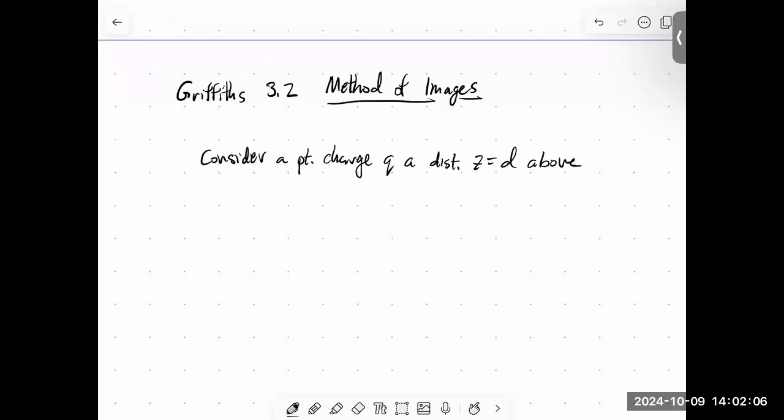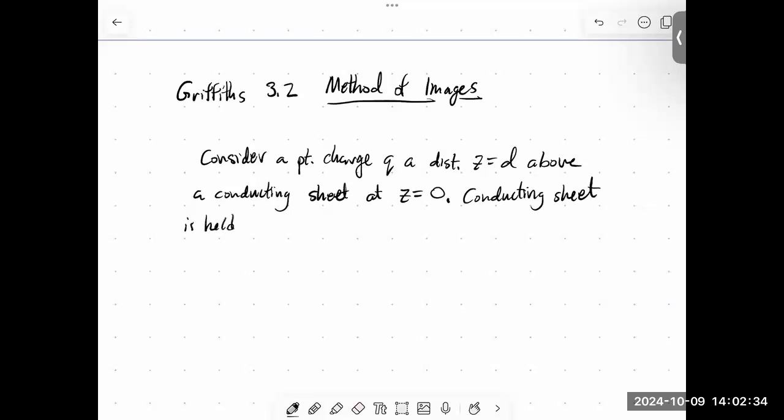But in that XY plane, we're going to put a conducting sheet at Z equals 0. Moreover, the conducting sheet is going to be held at V equals 0. Another way of saying the same thing is that the conducting sheet is grounded.